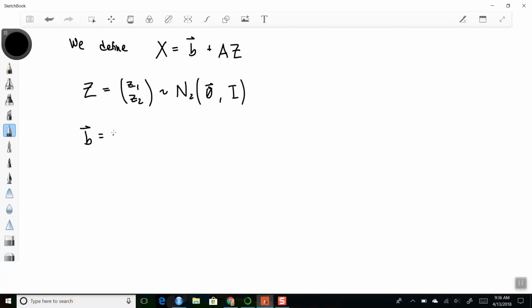B is going to be defined as mu1 and mu2, and A is going to be defined as the matrix.